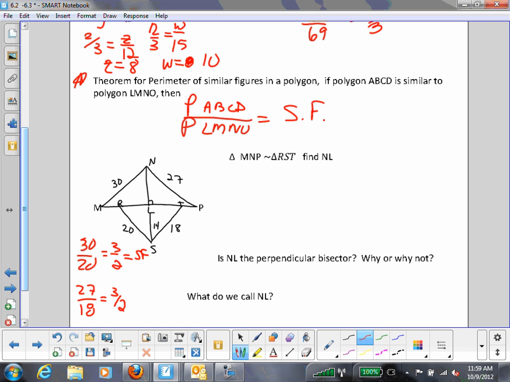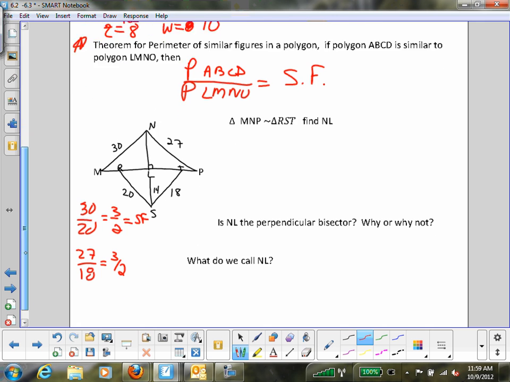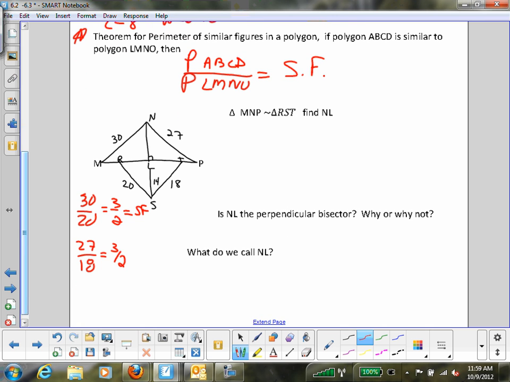My question is, what is this NL called? We just got over this in the last. Well, so the question down here is NL the perpendicular bisector? And where are we? Okay, but what about the converse?